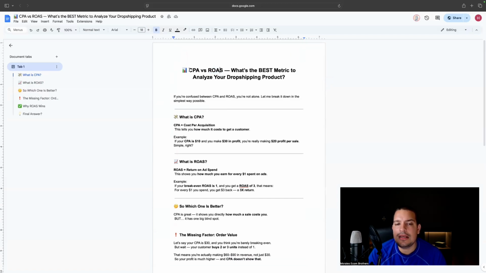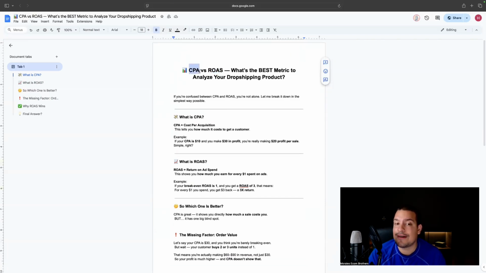So I only look at the CPA at the beginning. When you're scaling and you optimize and you add upsells and bundles, people buy more than one, but at the beginning, people buy fairly one or two items at most. So it's very easy to manage, and I don't need to look at my ROAS. I just need to look at my CPA.